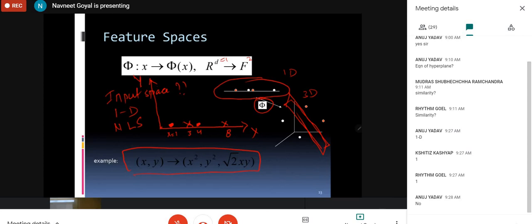So for example, if I choose my y in such a way that this point moves here and this point moves, say, somewhere here.